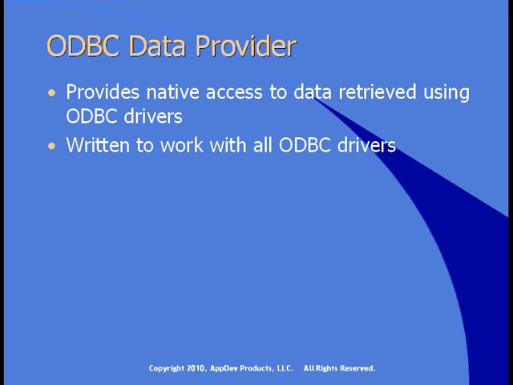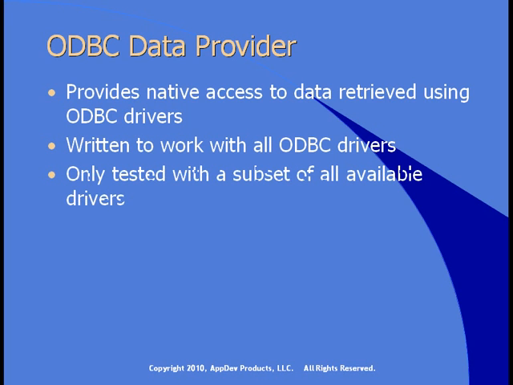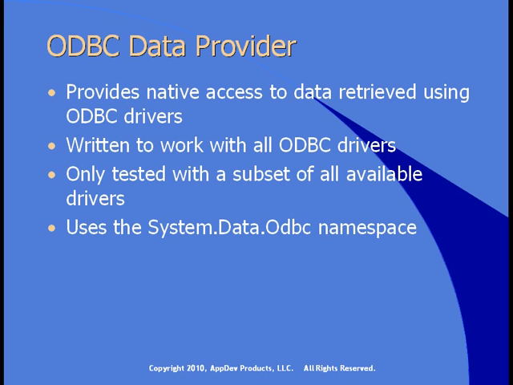It was written to work with all ODBC drivers, but it's only tested with a subset. Microsoft can't possibly test it with Joe's ODBC driver or Mary's ODBC driver. Those people have created ODBC drivers for all sorts of data, and Microsoft can't support them all. If you use ODBC, you'll be using the system.data.odbc namespace to do your work.